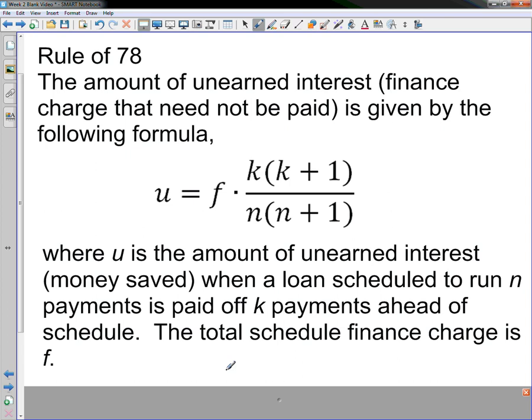So this is how much we're going to save when the loan's scheduled to run N payments, so if you have like a 12-month payment or something like that, is paid off X payments ahead of schedule. So this means we're going to maybe try to pay it off 2 months early. How much are we going to save in finance charges? That's what our formula is going to do for us. And what we need to know is the total scheduled finance charge.